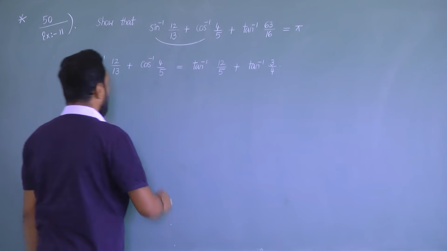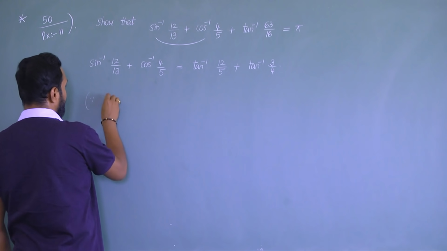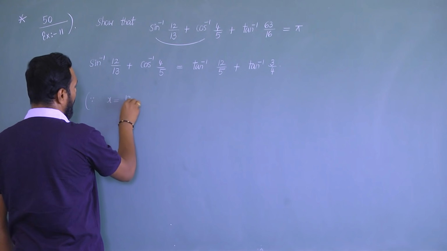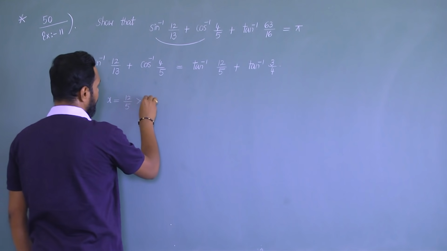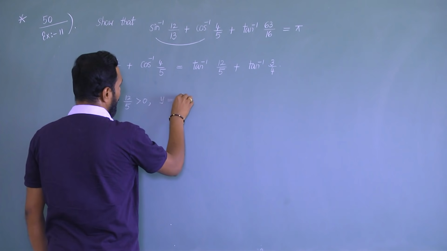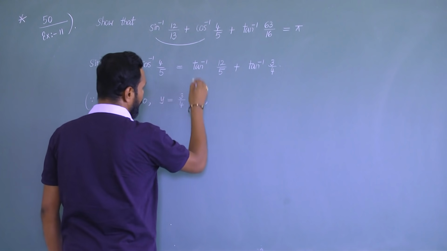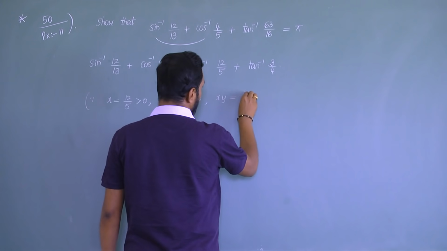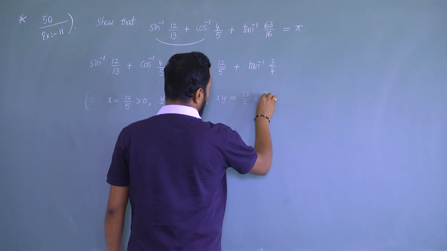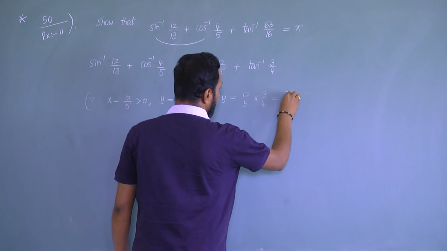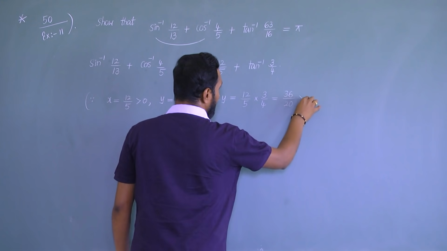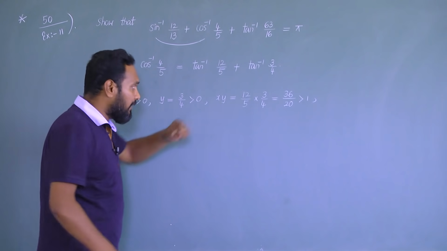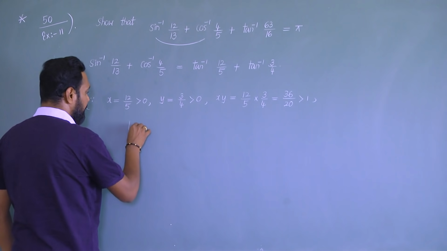If you consider this, x value is 12 by 5 which is positive. y value is 3 by 4 which is positive. xy value, if you take 12 by 5 into 3 by 4, this is 36 by 20 which is greater than 1.